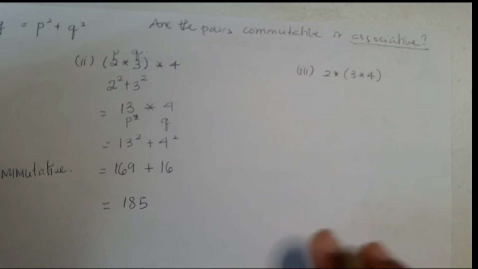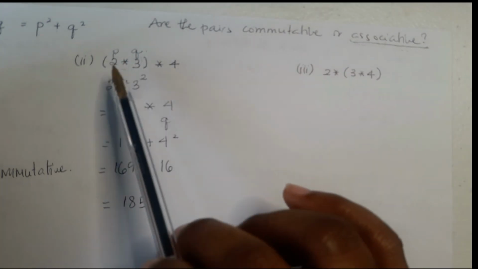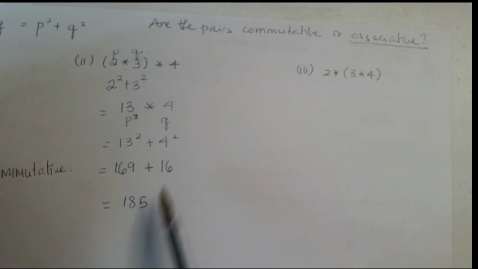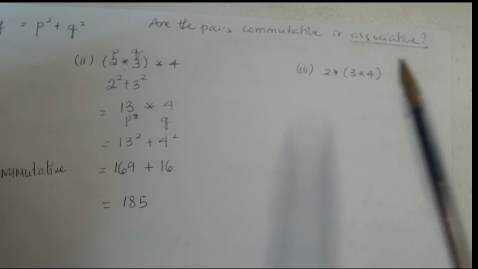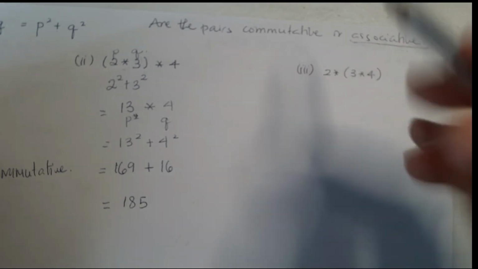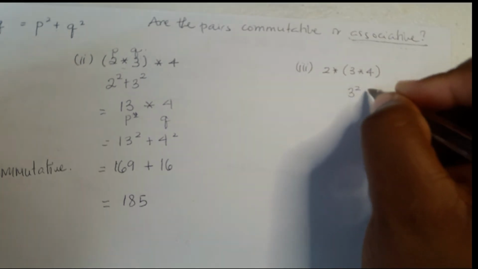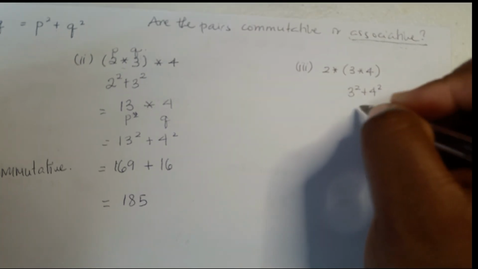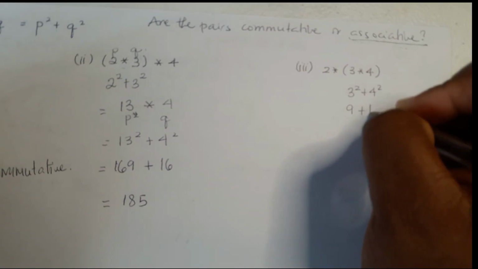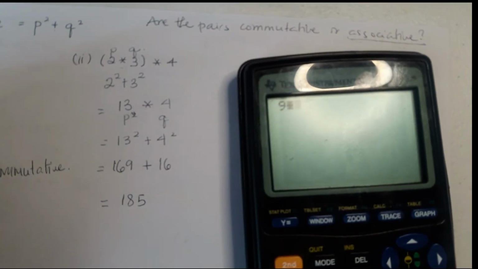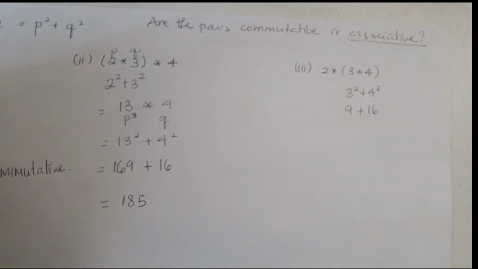Now, let's see if moving the brackets around the other two numbers gives us the same answer. So we say 3 squared plus 4 squared, which is 9 plus 16, and that is 25.